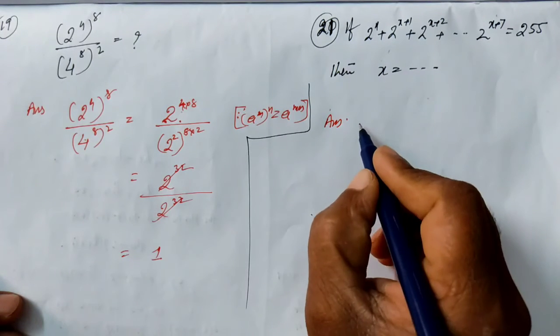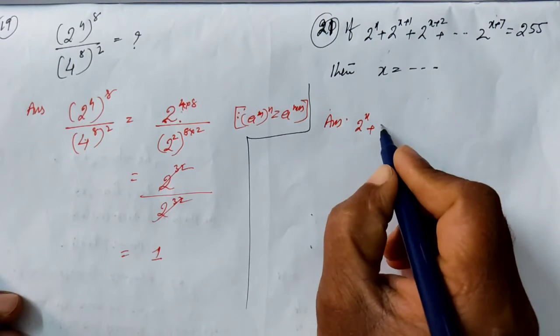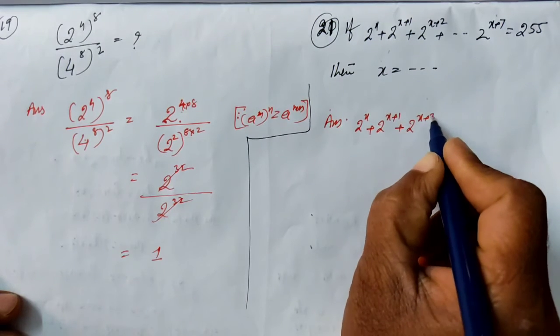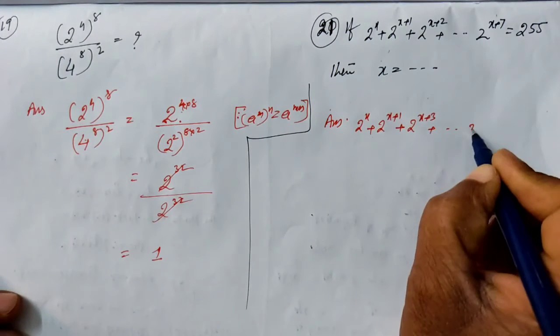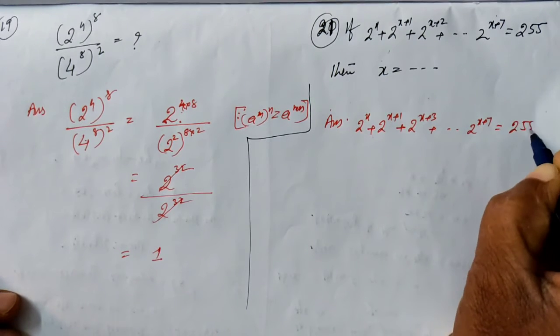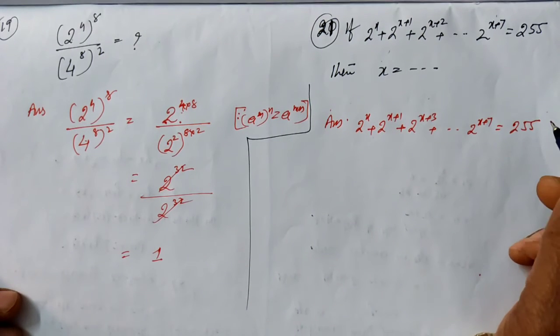Okay, so 2 to the power of x plus 2 to the power of x plus 1 plus 2 to the power of x plus 3 plus, okay, 2 to the power of x plus 7 is equal to 255. So that is given.